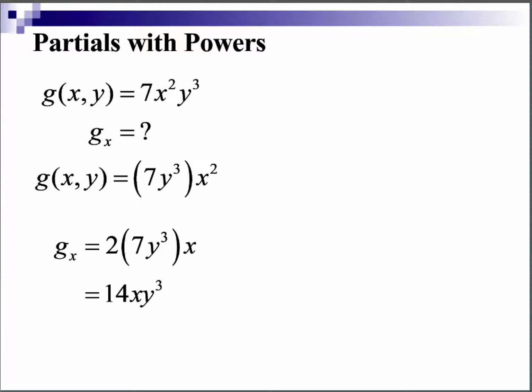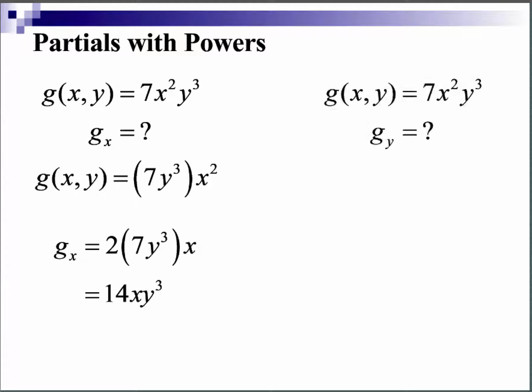So these are all factors that are being multiplied by each other, so we can simplify this. 2 times 7y cubed times x is the same thing as 2 times 7, or 14, and then x y cubed, putting the variables in alphabetical order. So the partial derivative with respect to x here is the expression 14x y cubed.